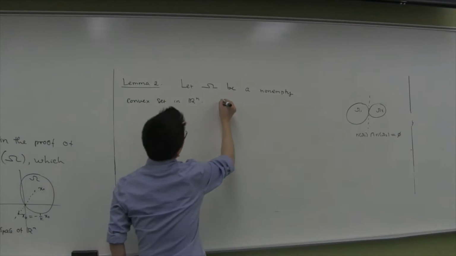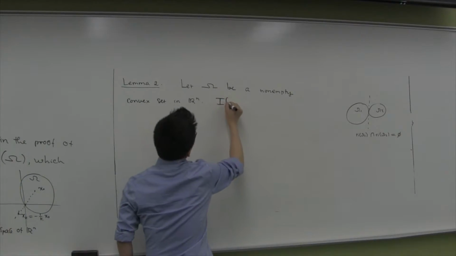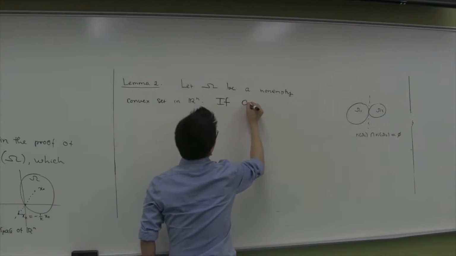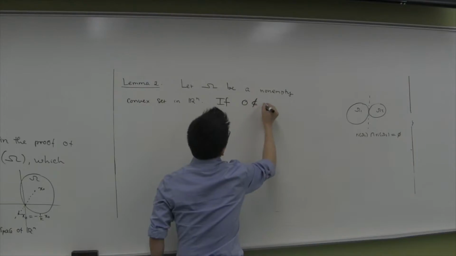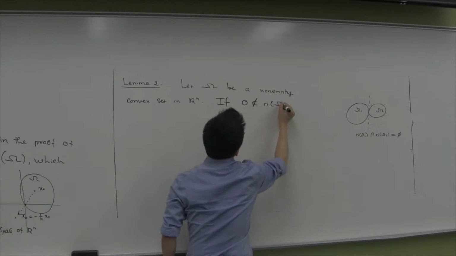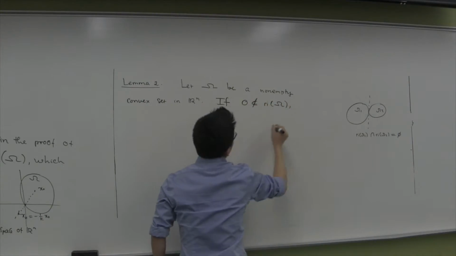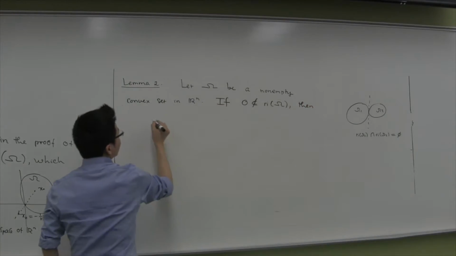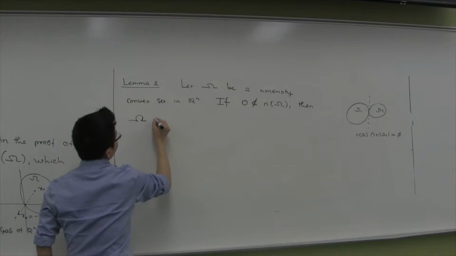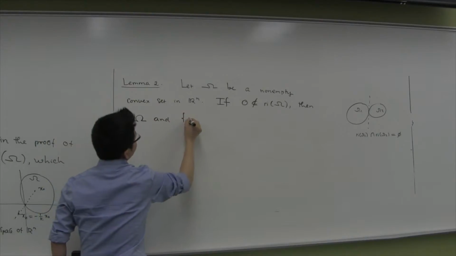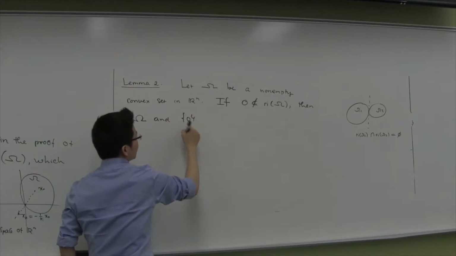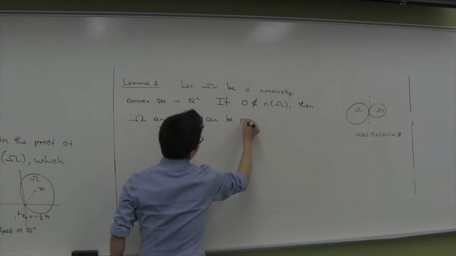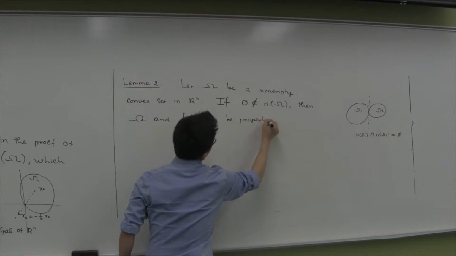If 0 doesn't belong to the relative interior of omega, then omega and the singleton set 0 can be properly separated.